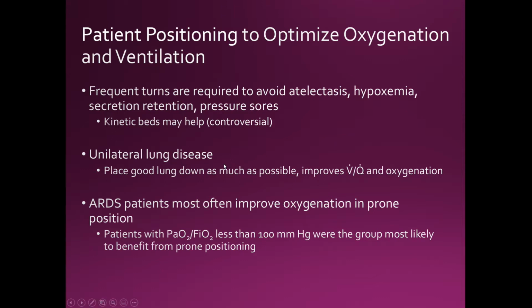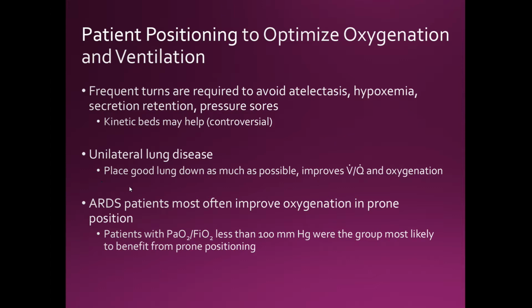Unilateral lung diseases, there might be one side that might be messed up. So here's what you do. You place the good lung down as much as possible. So if my right side is the one that is diseased, you're going to roll me to my left, because my left is the good one and I've got the disease on my right.